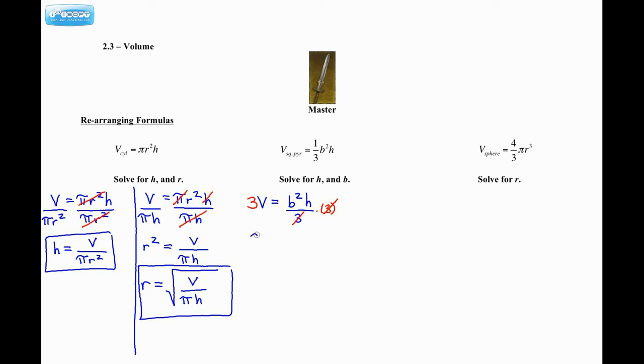So now I have 3 times the volume is equal to b squared h. But to solve for h, I now need to divide out the b squared. So that cancels. And with that, I believe I'm done. So the height of a square pyramid is triple its volume, all divided by the area of the base, or b squared.